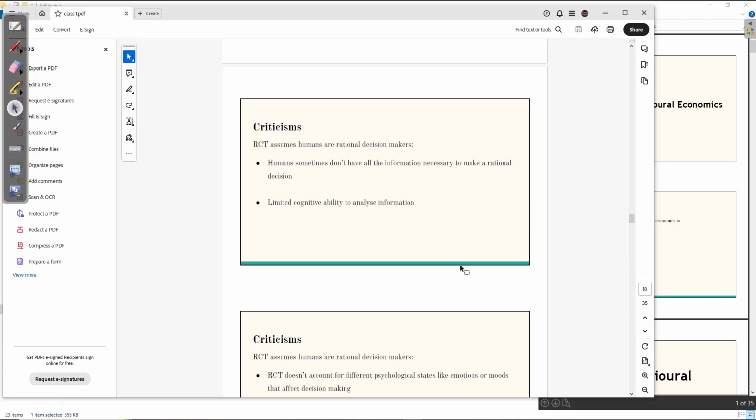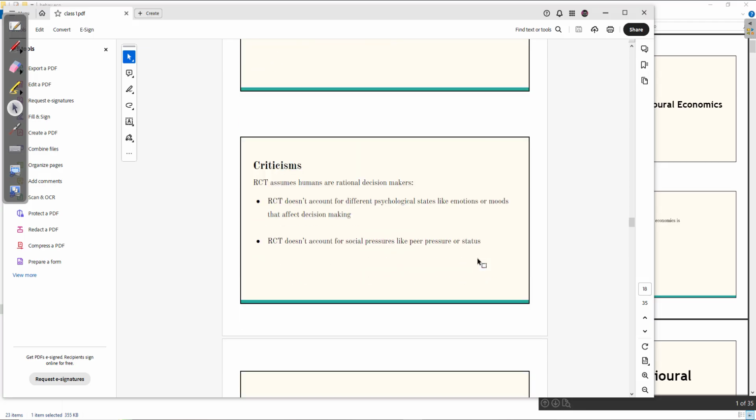Then there is limited cognitive ability to analyze the information. You cannot understand each and every piece of information that I give you. Maybe there is some more complicated information involved in that decision making process that you are not able to understand, and you are making your decision based on whatever limited knowledge you have. The theory does not account for different psychological states like emotions or moods, which I have already told you.